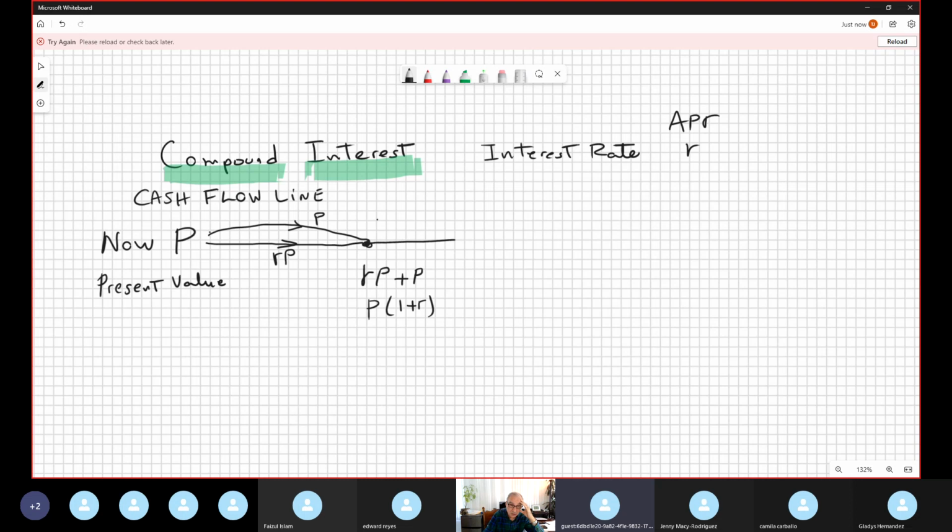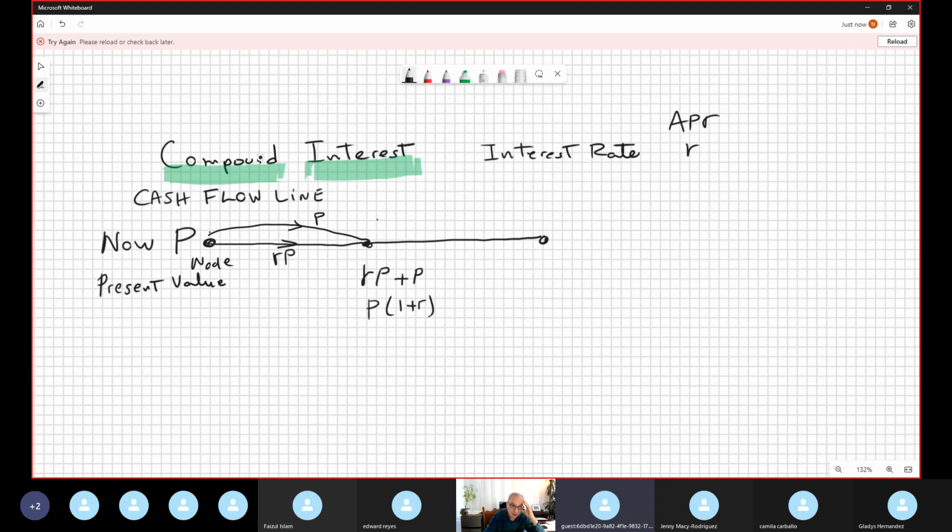Suppose another node and another period, a second one, and you multiply this money again by the interest rate.